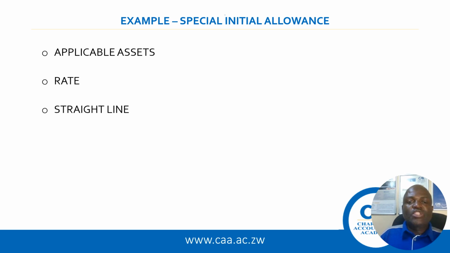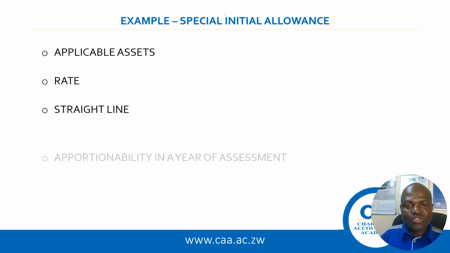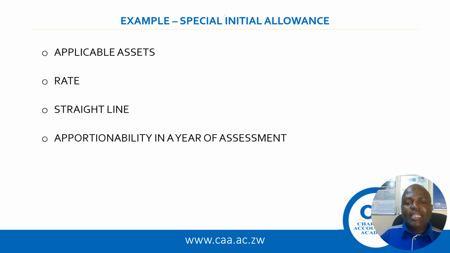It tells you whether it's on a straight line or reducing balance method, and in this case, it's on a straight line basis. It tells you whether this type of allowance can be apportioned in a year of assessment, and with a special initial allowance, it will not be apportioned. It tells you how special initial allowance is treated with leased assets, and it also discusses that it can only be granted when the asset under consideration has been put to use.